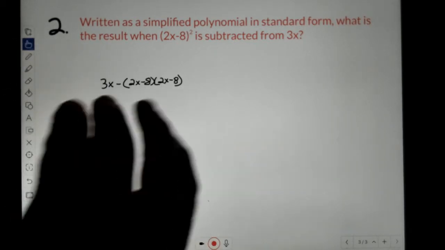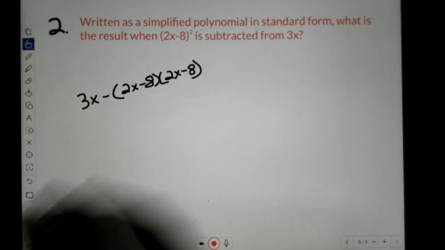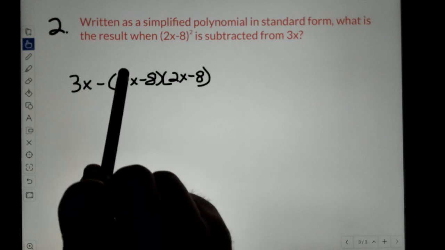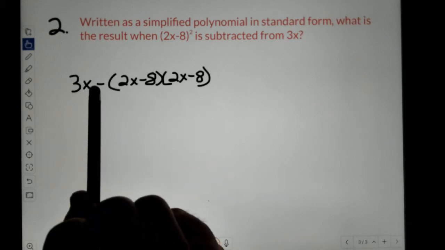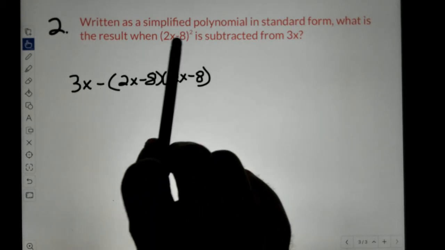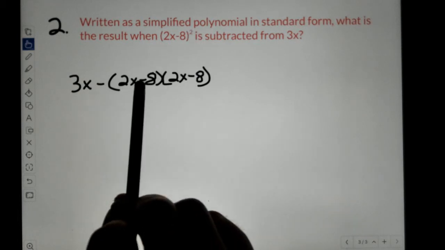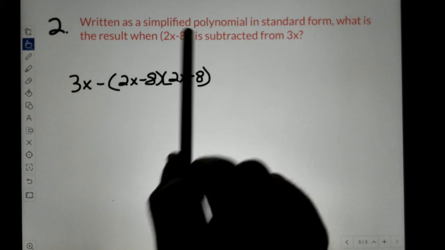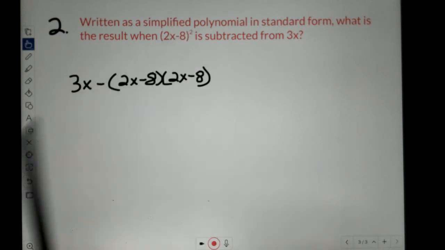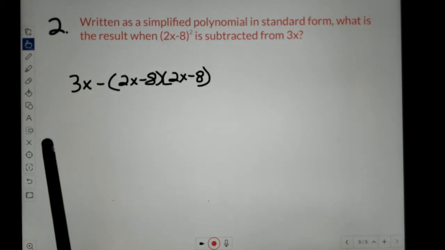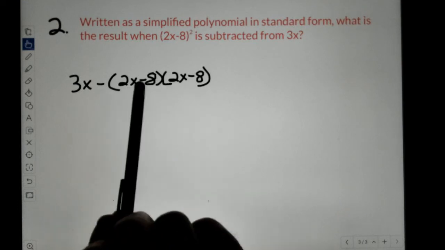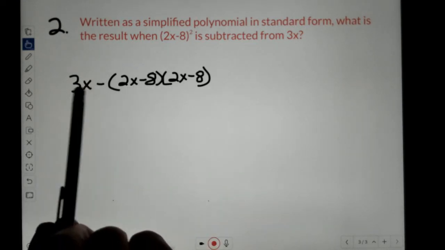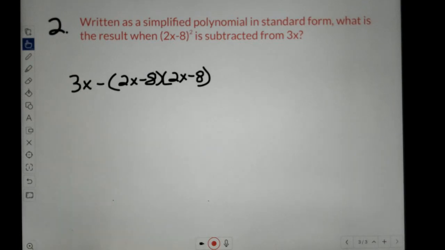We have 3x minus, and then 2x minus 8 squared is 2x minus 8 times 2x minus 8. That squared, remember, tells us to multiply it by itself twice, okay? So we have to do this multiplication first before we start subtracting from the 3x, all right?